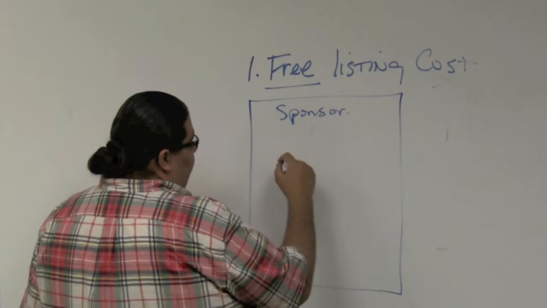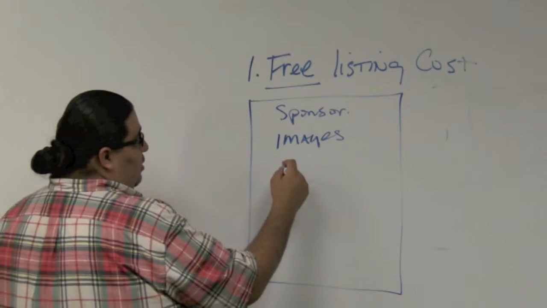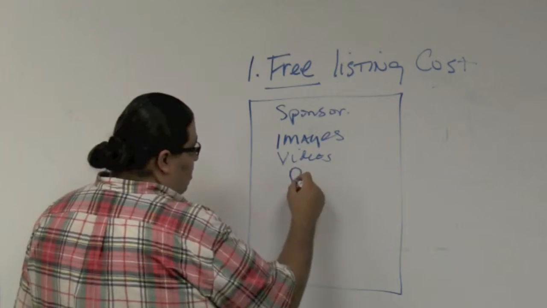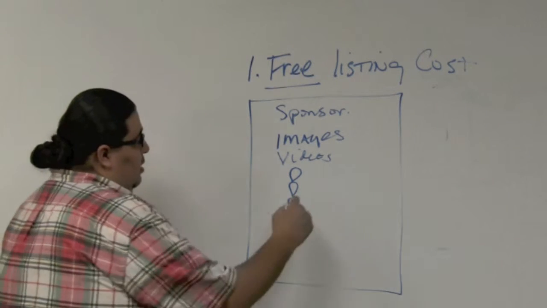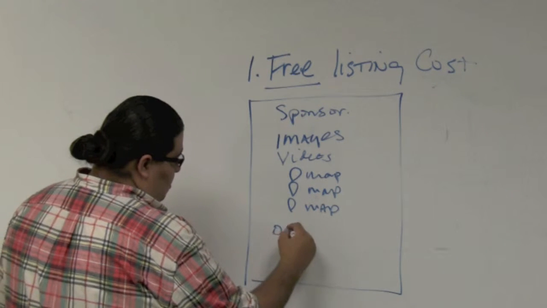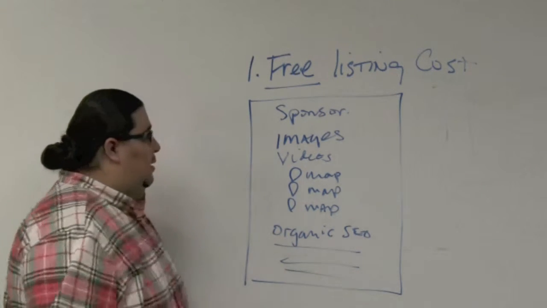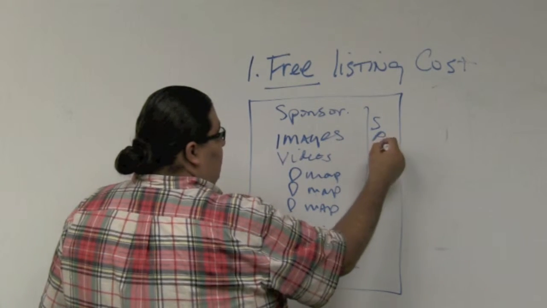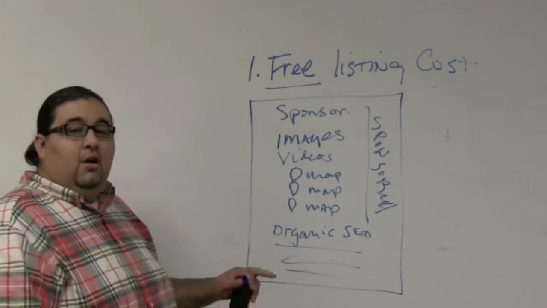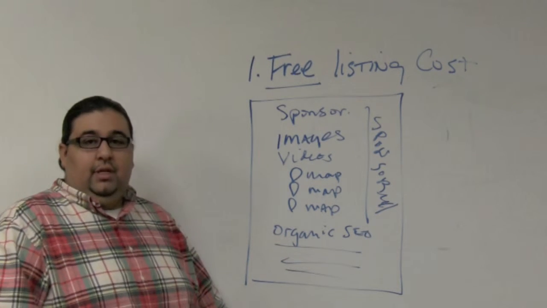Next, you have maybe images, and then videos, and then your map listings, and then your actual organic search engine results.